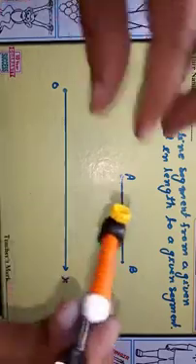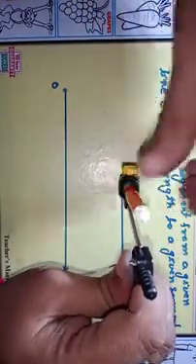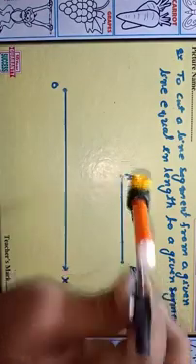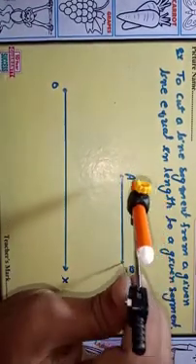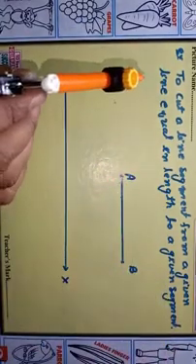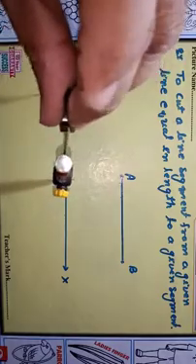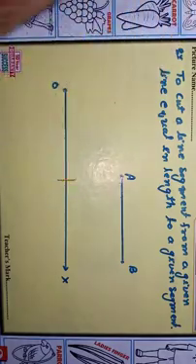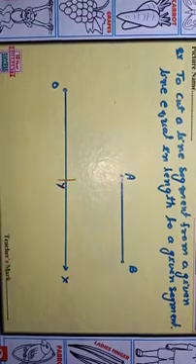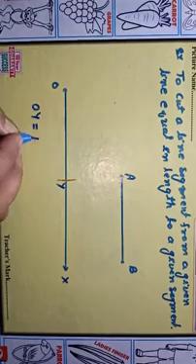First measure this line segment AB using the compass, and cut it here on the line. This point becomes Y. Now OY is equal to AB.